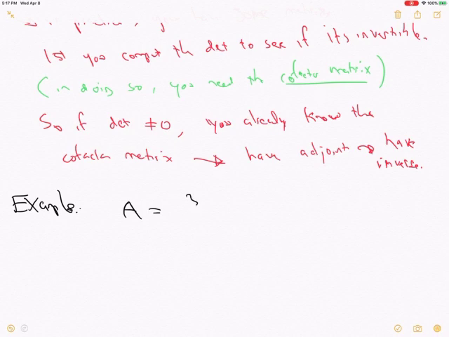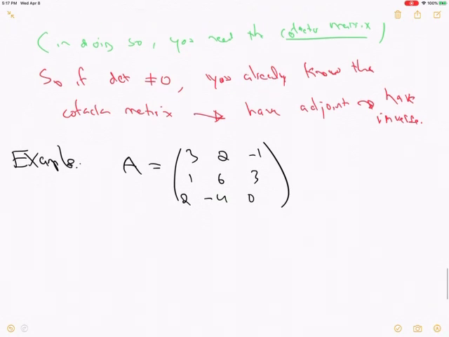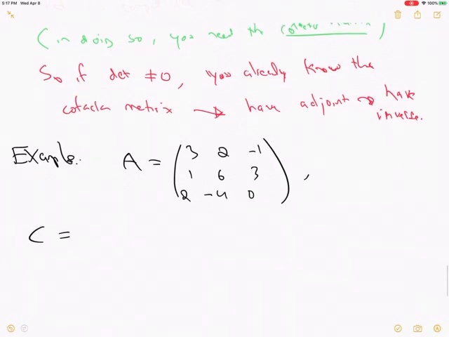And then we found that the cofactor matrix is 12, 4, 12, and so on. This is just work we've already done. You can just go back up and rewatch this to see where this comes from.